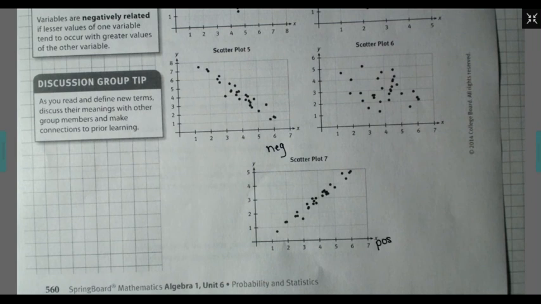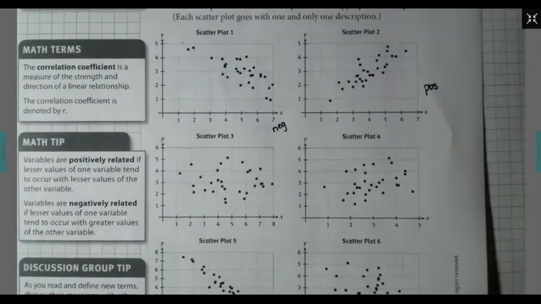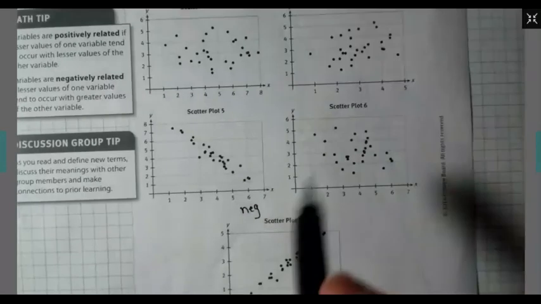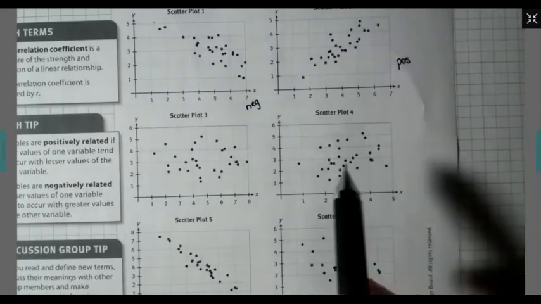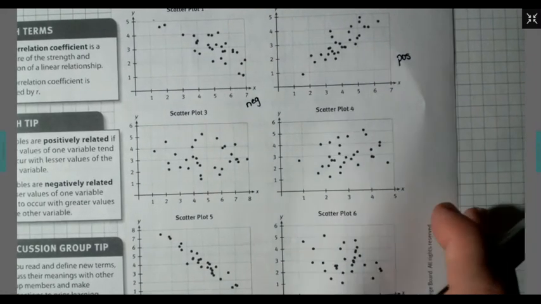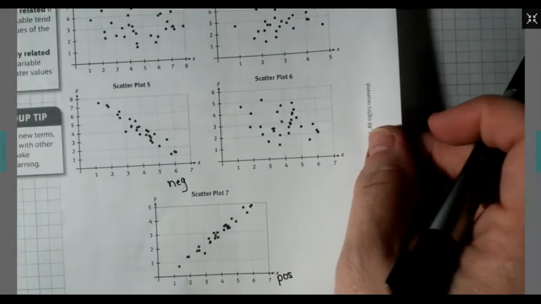So we're going to start off with saying which one of these has a very strong positive linear relationship? Well, we know it can't be this one because it's negative. We know that it can't be scatter plot 5 because it's negative. And if you look at 3, 4, and 6, they all look like they're very weak in whatever they have decided. So I'm going to say that it's either scatter plot 7 or scatter plot 2.